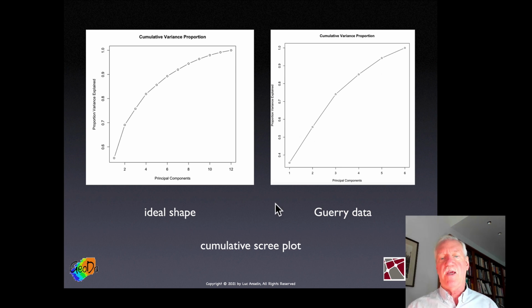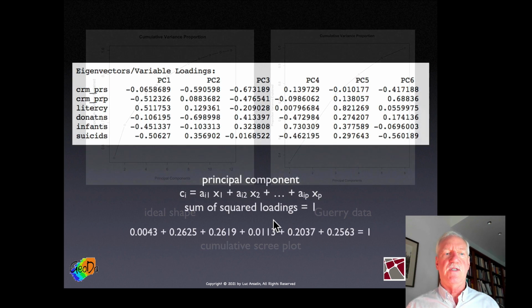In the Gary case, we don't see much of that at all, and it's very difficult to interpret. So the notion of a scree plot, either based on the variance proportion explained or on the cumulative variance proportion explained, is to find an elbow in the plot. So you see it dropping and then flattening out. In practice, it's not that easy.